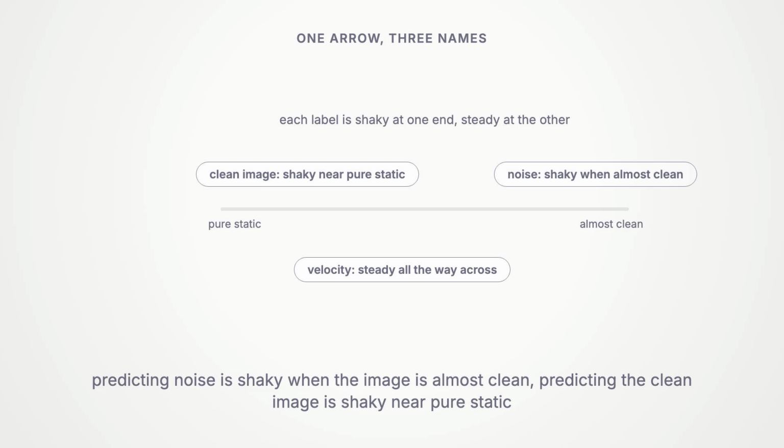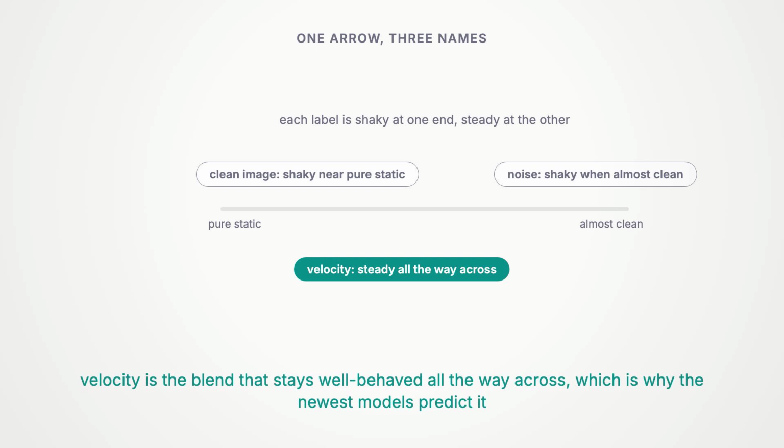Predicting the noise is shaky when the image is almost clean, because there is barely any noise left to predict. Predicting the clean image is shaky at the other end, when the input is almost pure static and the model would have to hallucinate a whole picture. The velocity version is the blend that stays well-behaved all the way across, which is exactly why the newest models predict it. One arrow, three names.